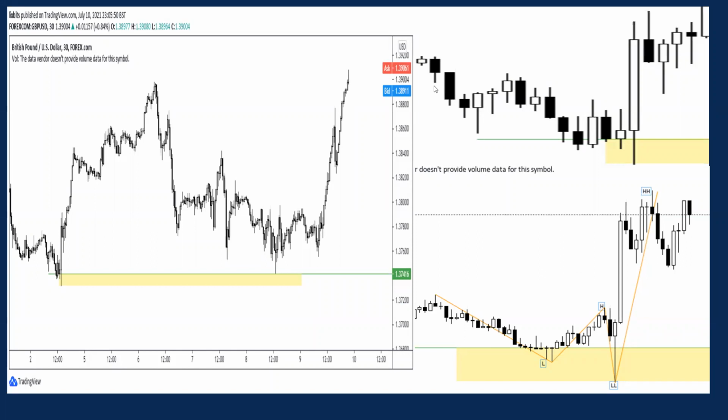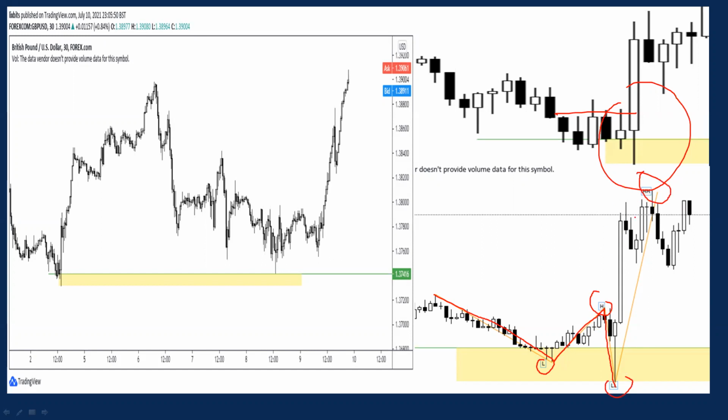This is a higher time frame here. So you have the engulfing pattern here, right? You can see that the market engulfed all these candles here, right? But here is what you are looking for. This is the pattern. So on a lower time frame, you have a low, a high, a lower low, and a higher high here.